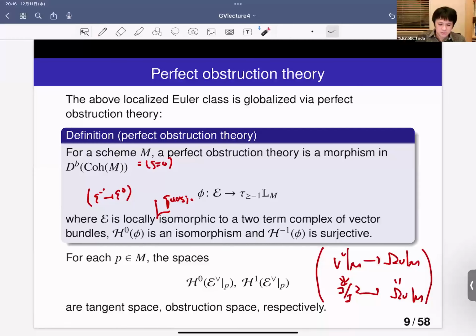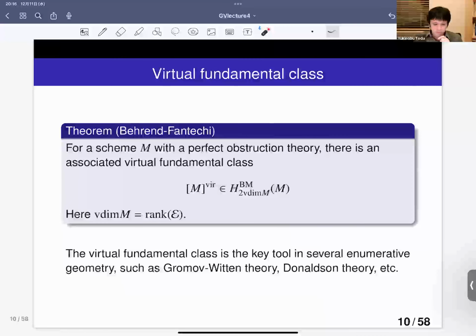And indeed, this one corresponds to the tangent space of the moduli space. This is because of this isomorphism, so it is isomorphic to the tangent space of the moduli space. And this one corresponds to the obstruction space. The point is that for a scheme M with a perfect obstruction theory, there is an associated partial fundamental class.